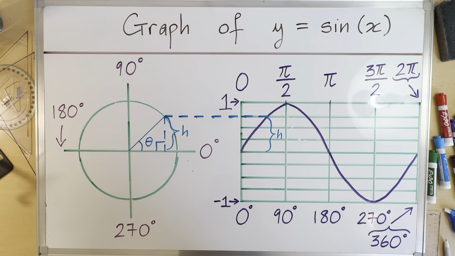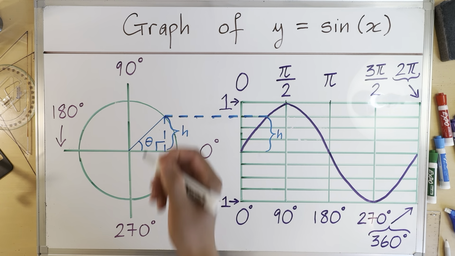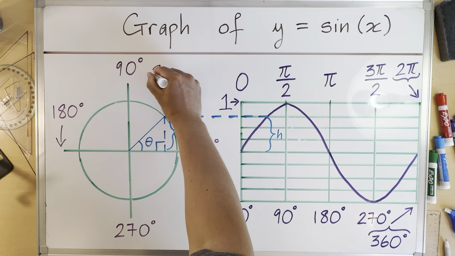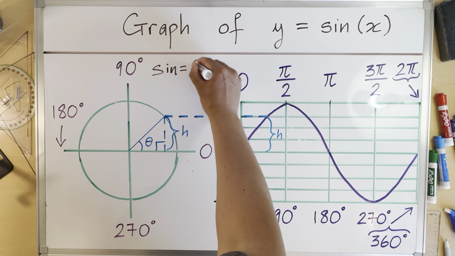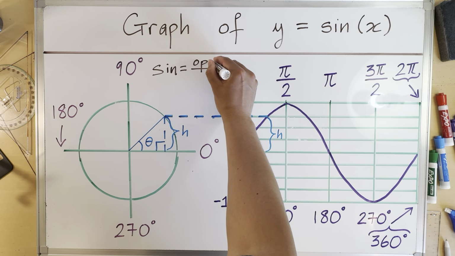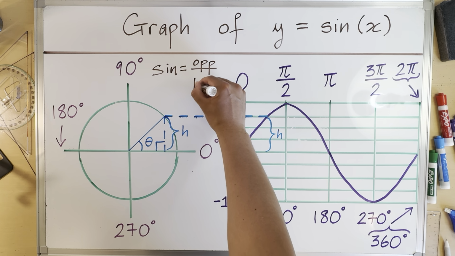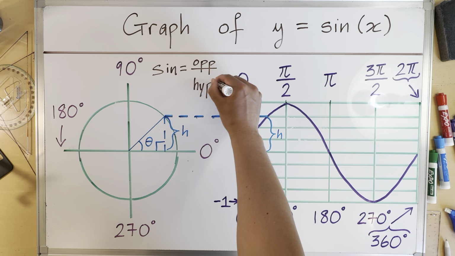So we know that sine is equal to opposite divided by hypotenuse.